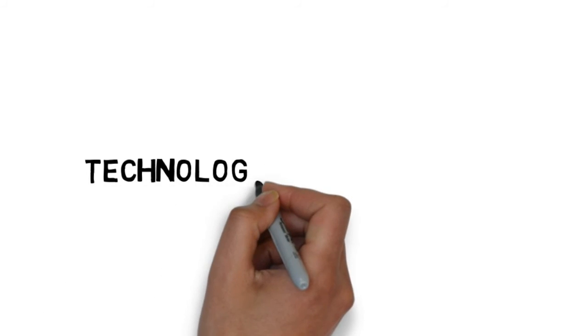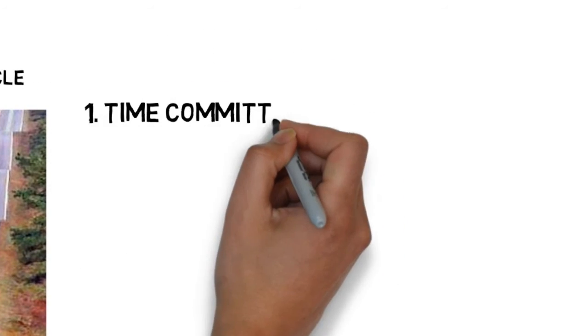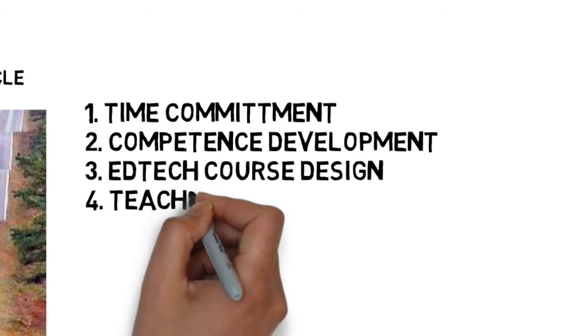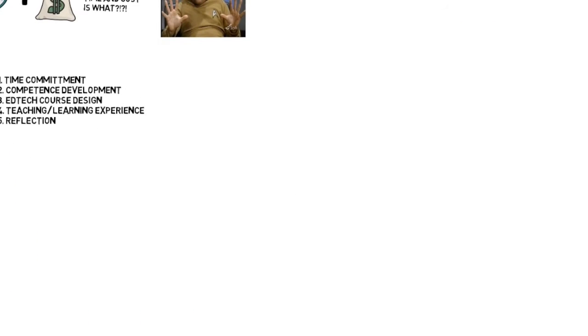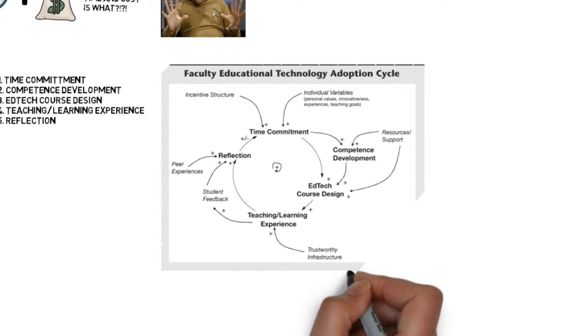Understanding and making space for all the stages of the technology adoption cycle will make it a less bumpy ride. Those are time commitment, competence development, ed tech course design, teaching and learning experience, and reflection.